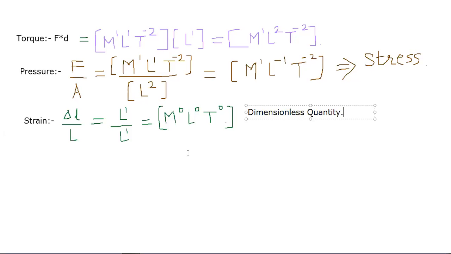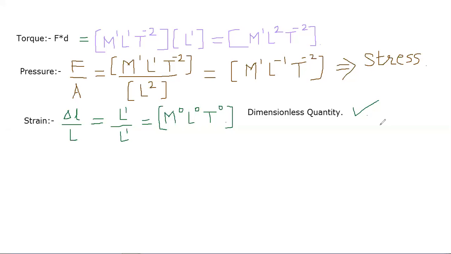Okay. Now, which are the quantities which don't have the dimension? Such as, in physics, we call it the refractive index. It is the ratio of two velocities. Again, it is a dimensionless quantity, right? There are also more dimensionless quantities, such as the Poisson's ratio.